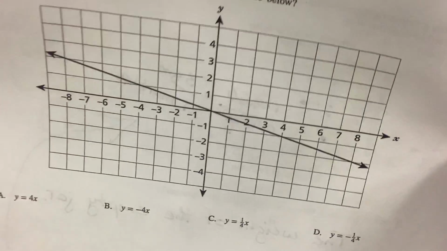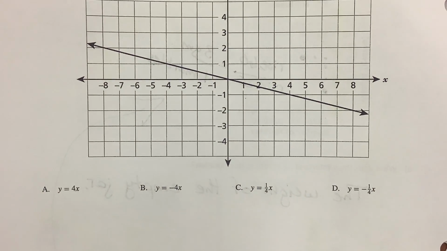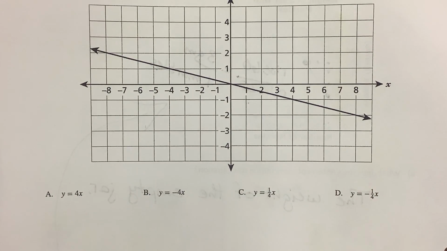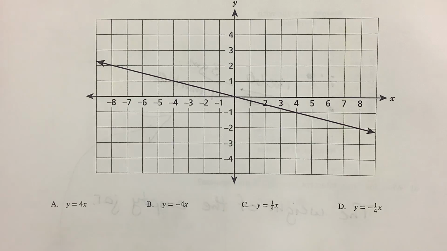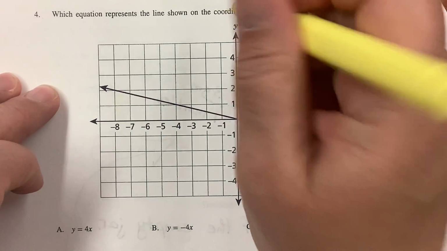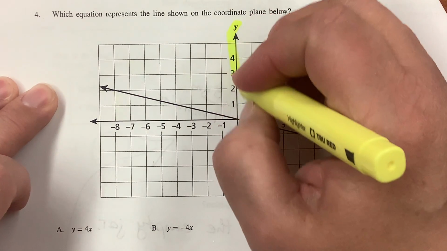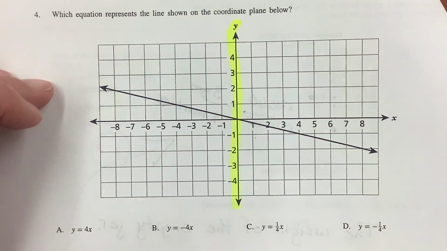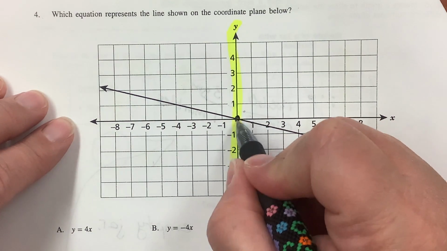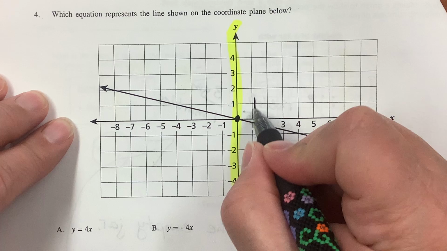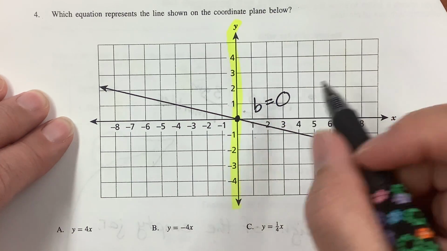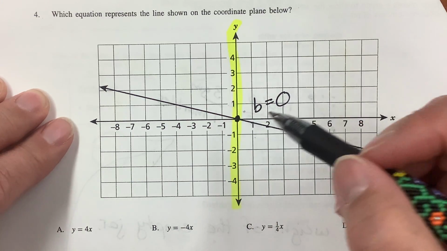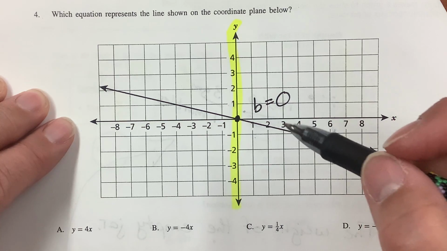Here we go. Which equation represents the line shown on the coordinate plane? Well, first things first, you have to find the y-intercept. Here's y, and here's it intersecting at b equals 0. Right there, 0. So now I just need the slope.